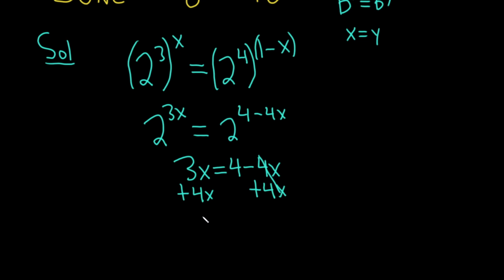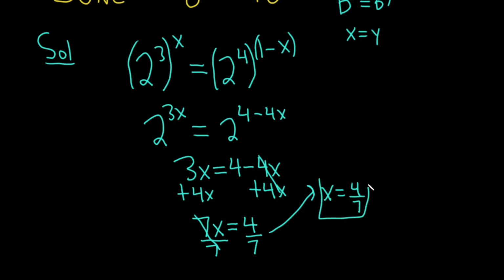These cancel, so we have 7x, and that's equal to 4. Then just divide by 7, divide by 7. So we have x equals 4 over 7. And this would be the solution to this equation.